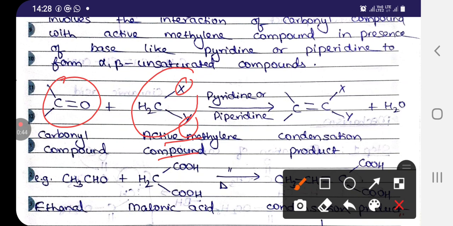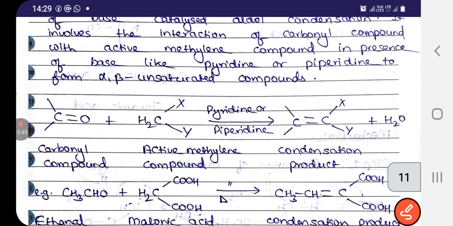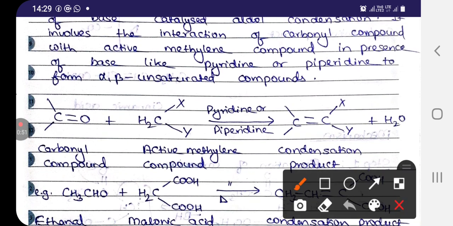Now what happens, just observe it. In presence of base, there will be removal of water and the rest part simply attached, and this is the condensation product that you can see on your screen.